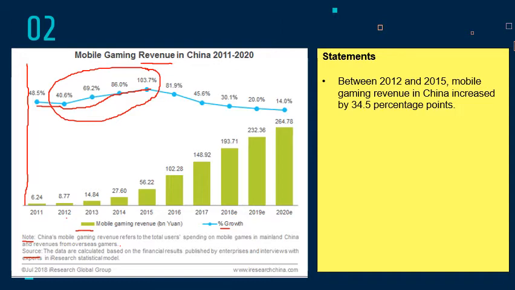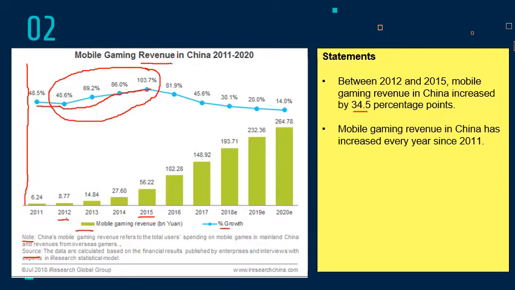So here it's between 40.6 and 103.7. There's a difference of 34.5. So I can see it's increased by 34.5 percentage points between 2012 and 2015. That's a period of larger growth than normal.